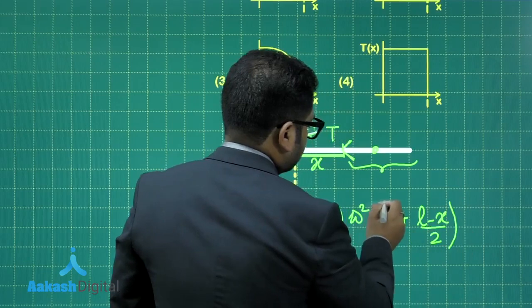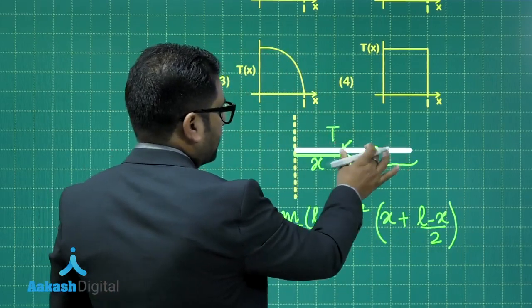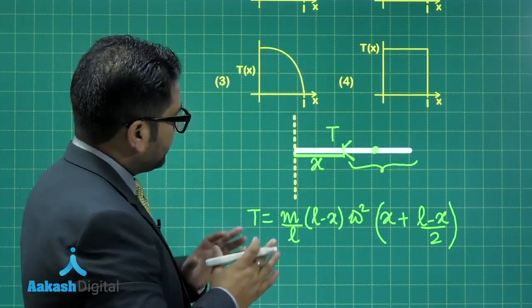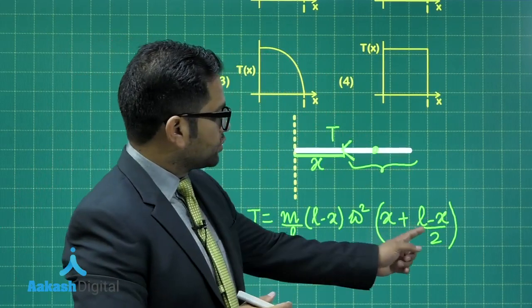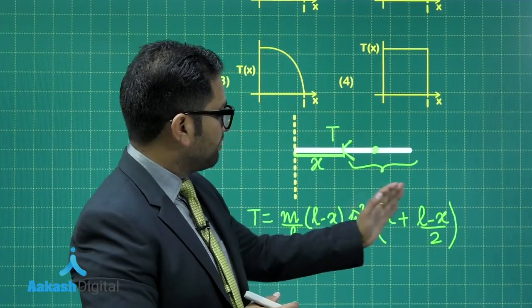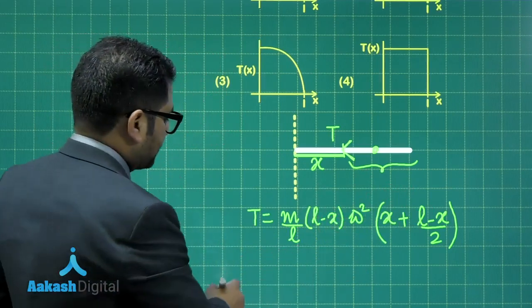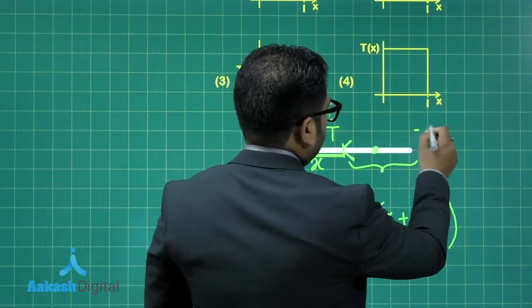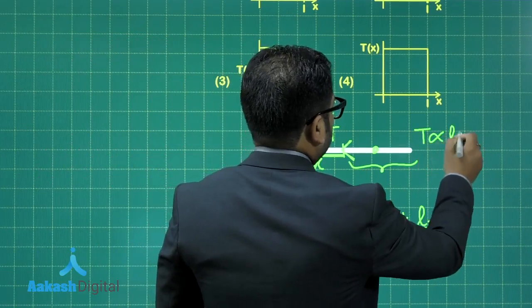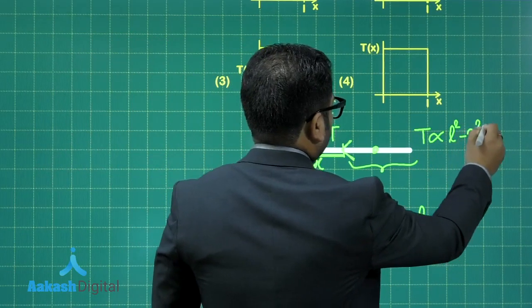I think that's straightforward, right? x plus the remaining half. And just try to see here, this is 2x, and that's going to be L plus x, L plus x, L minus x. Eventually, the tension here would be directly proportional to L square minus x square.